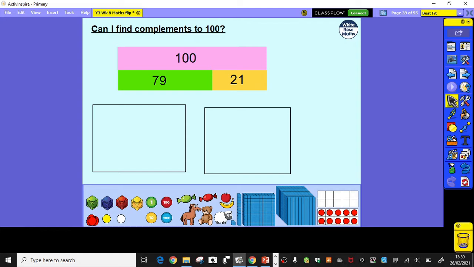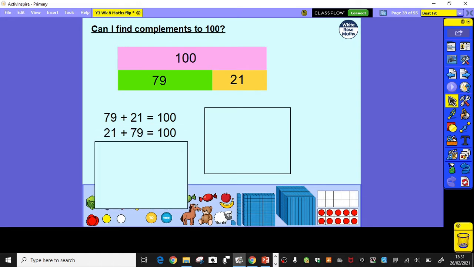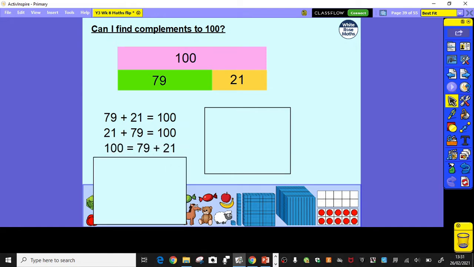Okay, let's have a look if you came up with any of the ones that I found. So we've got 79 plus 21 equals 100. And 21 add 79 is the same as 100. We can put the 100 at the beginning, so we've got 100 is the same as 79 plus 21.